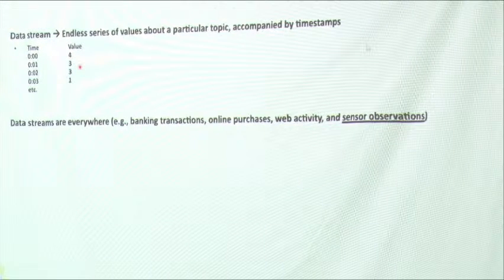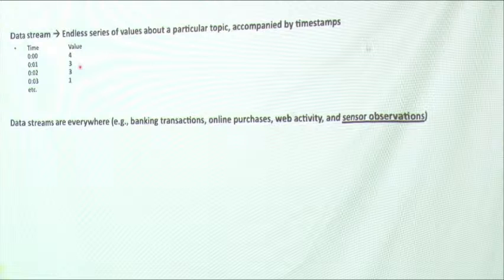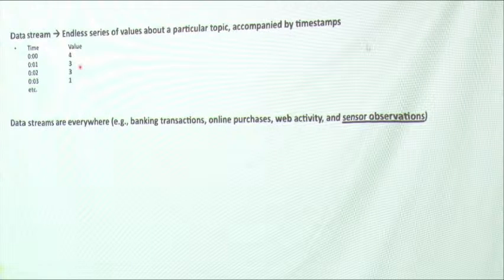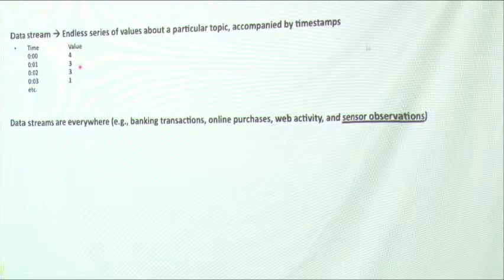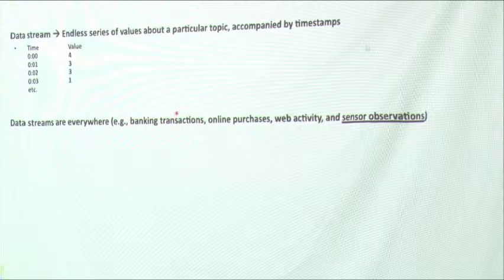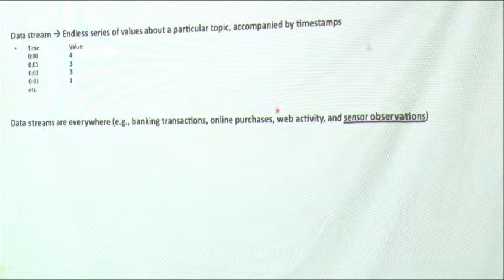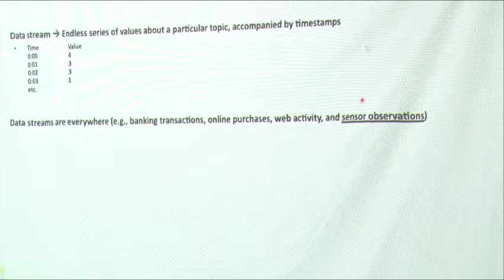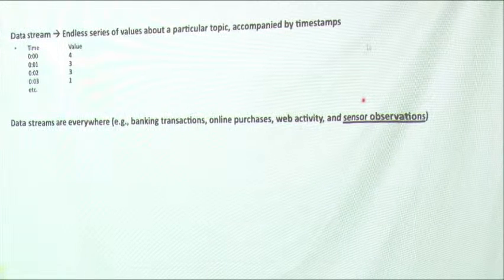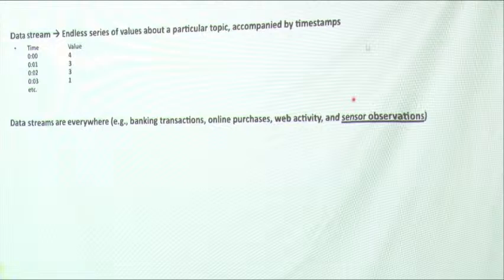Now, this type of data is really important because it is found everywhere. A few examples are transactions, online purchases, web activity, and sensor observations. I have underlined sensor observations here because this is the focus of the proposal.